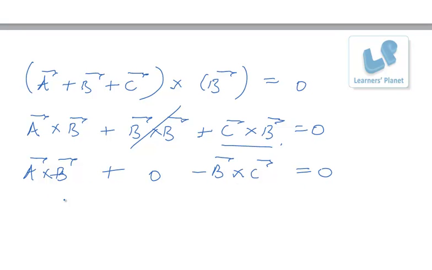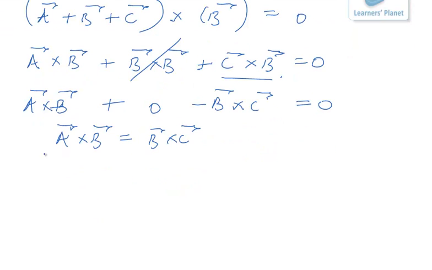Okay, so A cross B minus B cross C is equal to 0, or we can write that A cross B is equal to B cross C. So if these two vectors are equal, this represents one vector, this also represents one vector. Okay, we also know that A cross B is twice the area of the triangle.